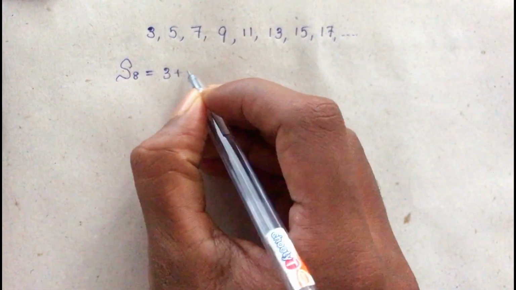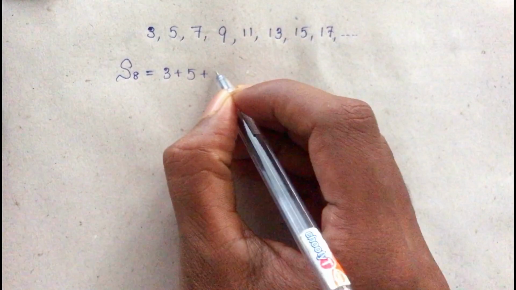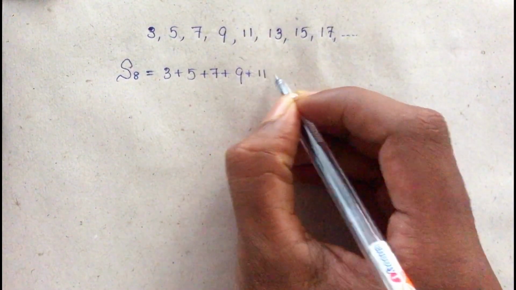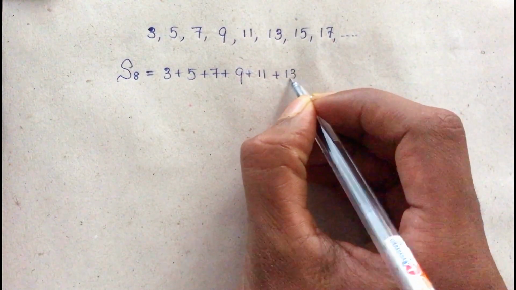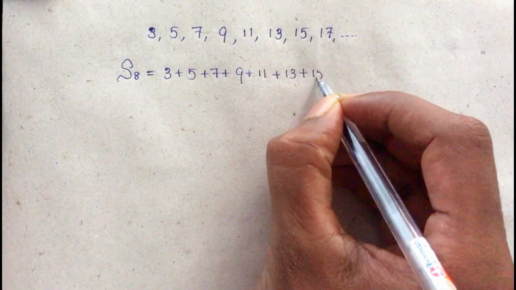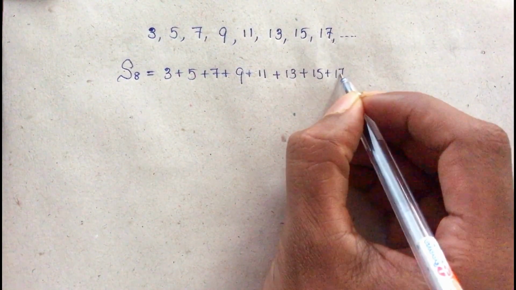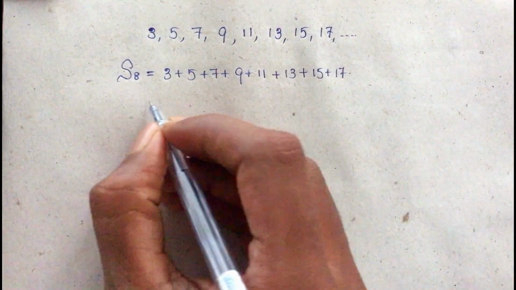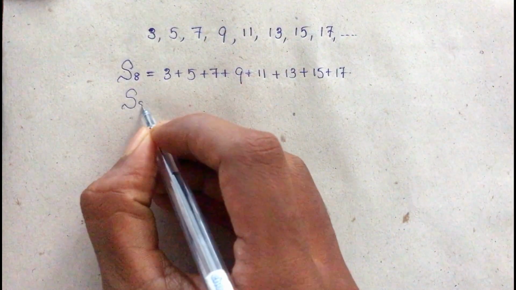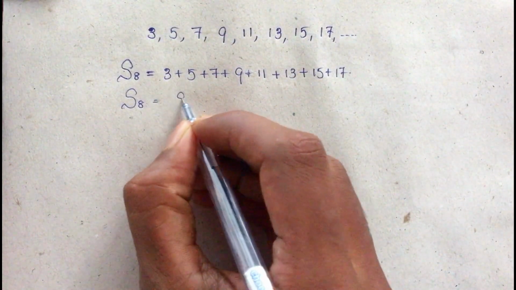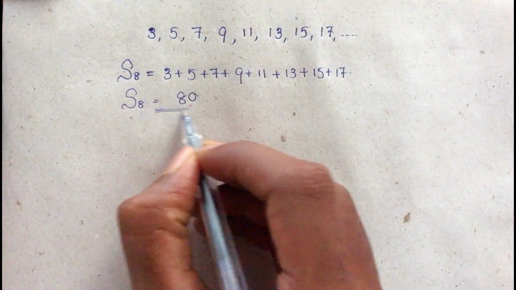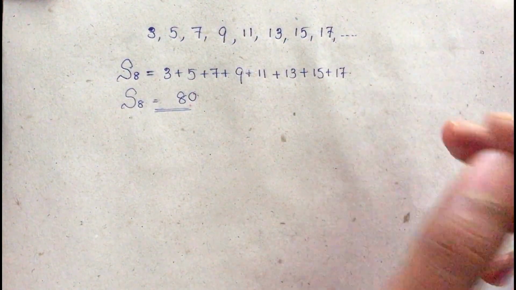You need to add these 8 terms: 3, 5, 7, 9, 11, 13, 15 and 17. Then you can easily get the sum of 8 terms, which is 80. S8 means the sum of 8 terms, and it is 80.